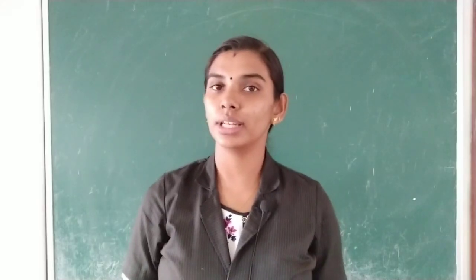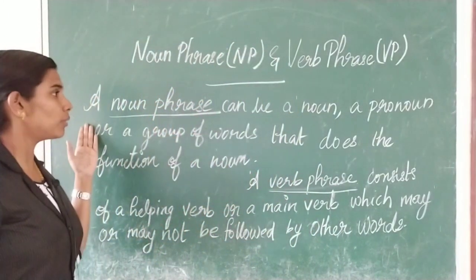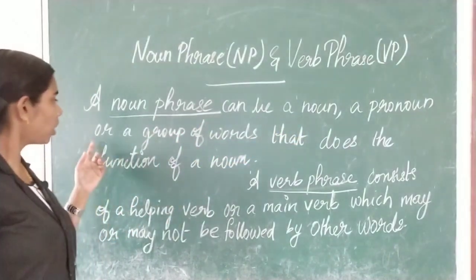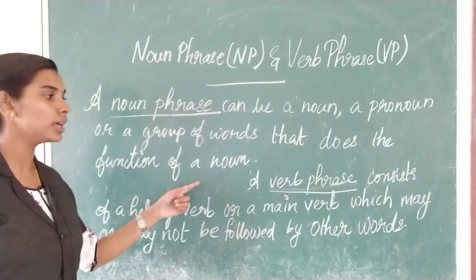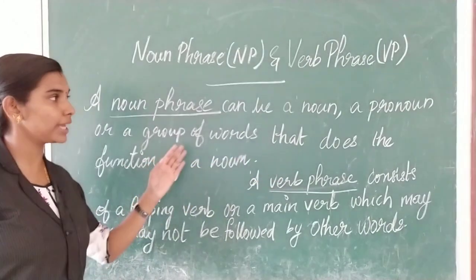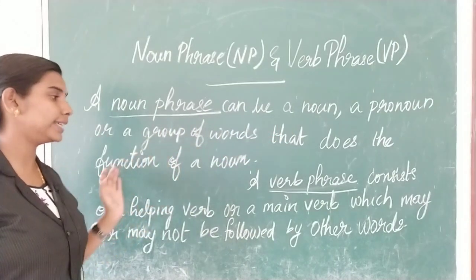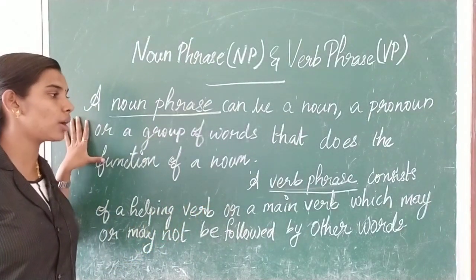So children, now let's move on to the next topic, that is noun phrase and verb phrase. Now let us see what is a noun phrase. A noun phrase can be a noun, a pronoun or a group of words that does the function of a noun. That is what is called a noun phrase.